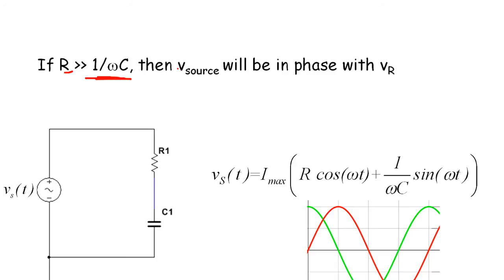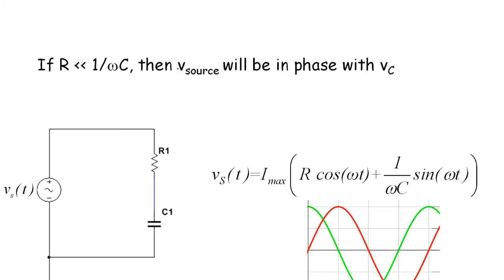So if the resistance is much higher than 1 over omega C, then this term is much larger than this term. We can just forget about that term, and we can say that the source voltage is going to be the same as the resistor's voltage. It'll be that cosine wave, in phase with the resistor and out of phase with the capacitor.